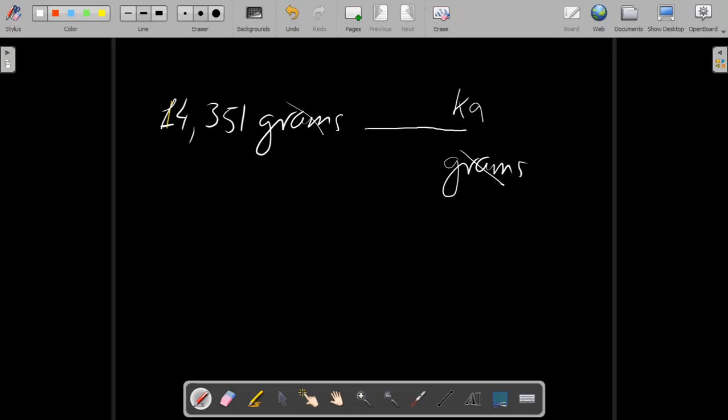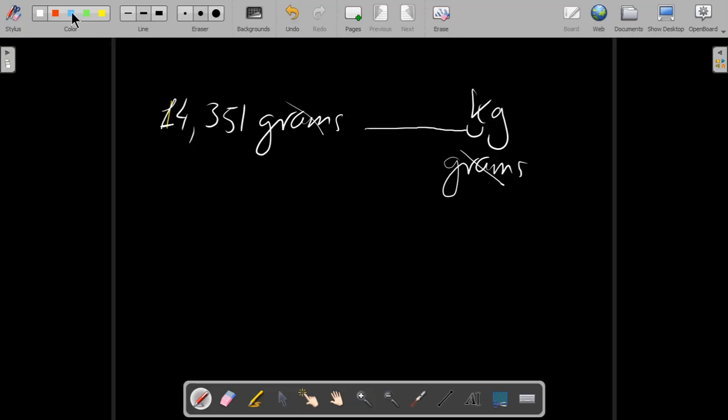Next. This is kg, but just in case, kg for kilograms. So this is how you do it. You put grams at the bottom so it can cancel. New unit at the top. I'm going to erase this. I wanted to spell it, but kg, better to get used to the different symbols for different things. So kilogram.